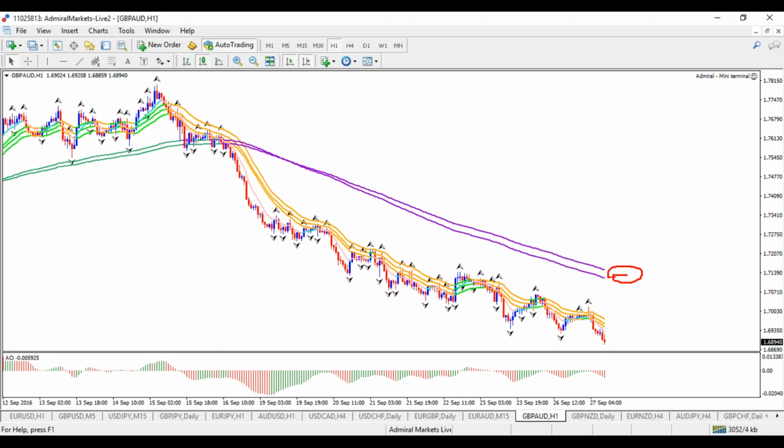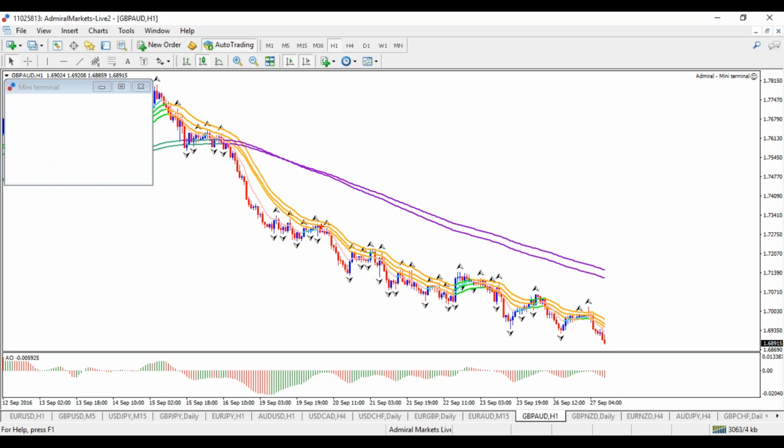I would need price to make a correction up to the 144 EMA. There's multiple divergences between these bottoms. It's a good channel, and it offered a lot of good shorts upon the break here, retracement here, even here. But now it is, I think, too much of divergence. So no, I wouldn't be interested. I need at least a pullback to 144 EMA.